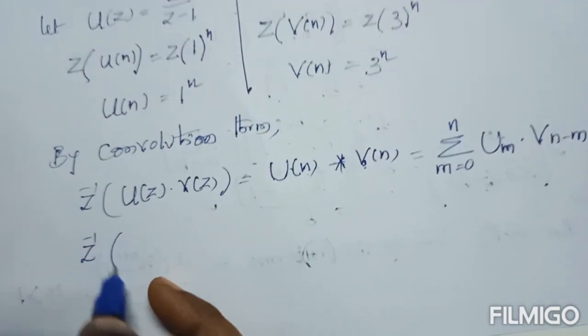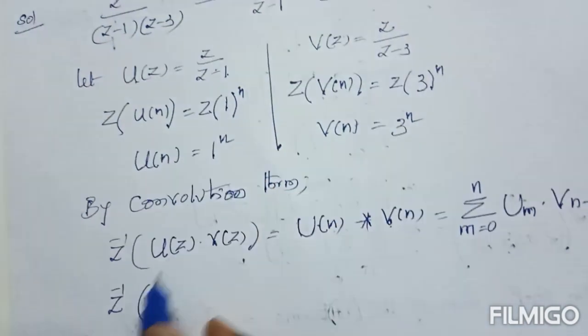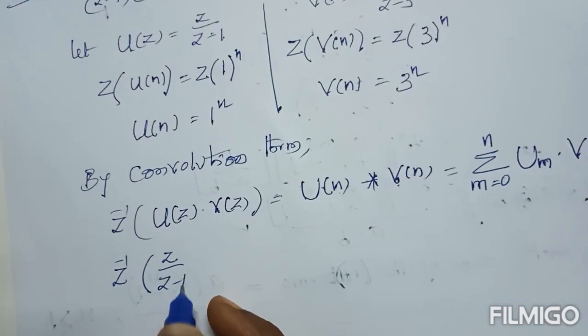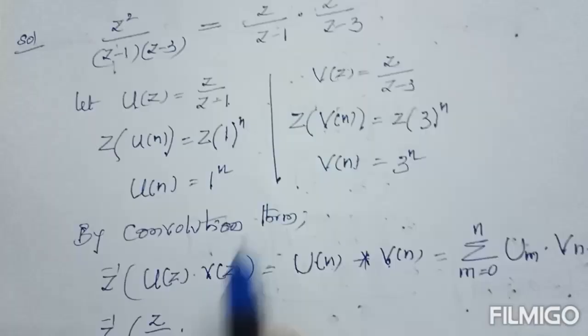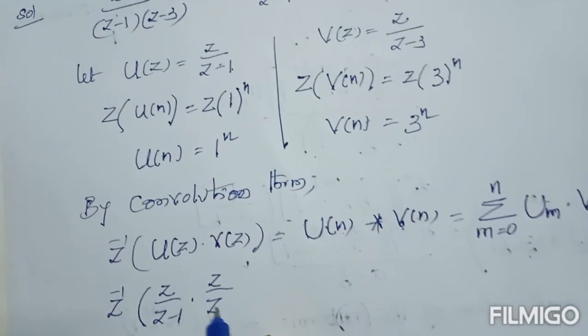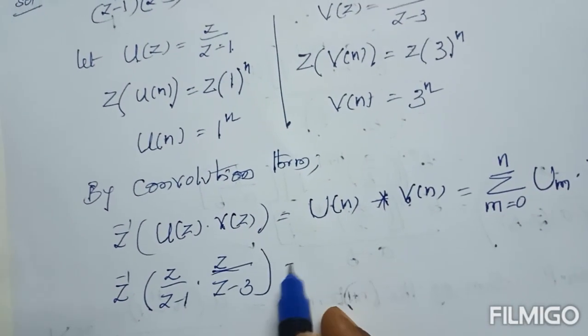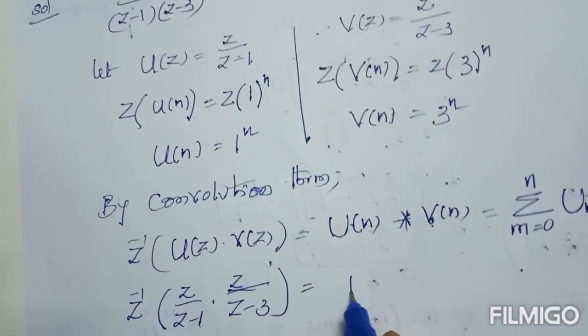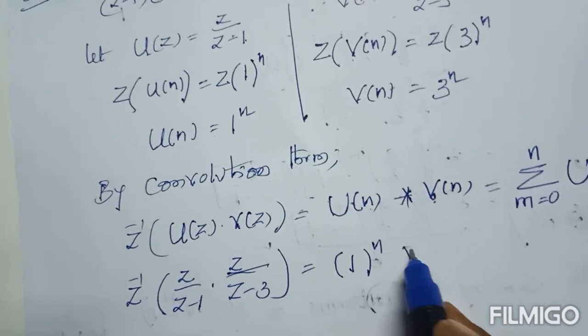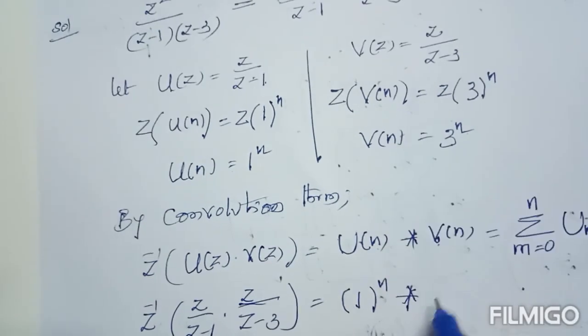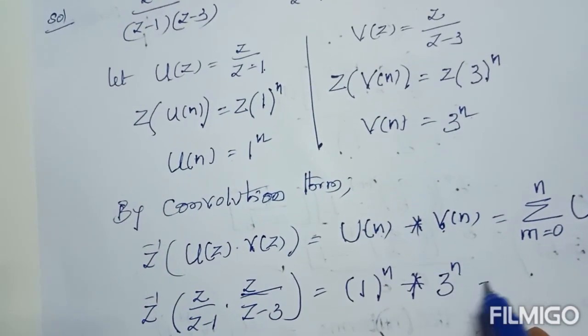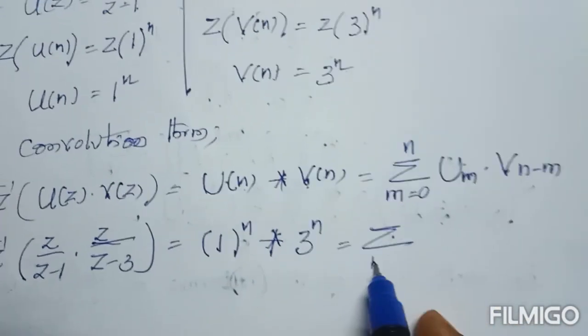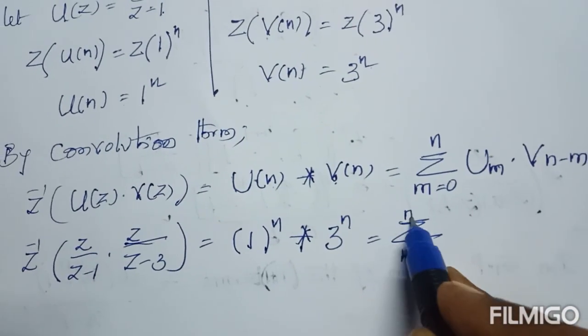Z inverse of U(z) is z by z minus 1. V(z) is z by z minus 3. U(n) here is 1 to the power of n, star v(n) is 3 power n. According to the statement, m equal to 0 to n.